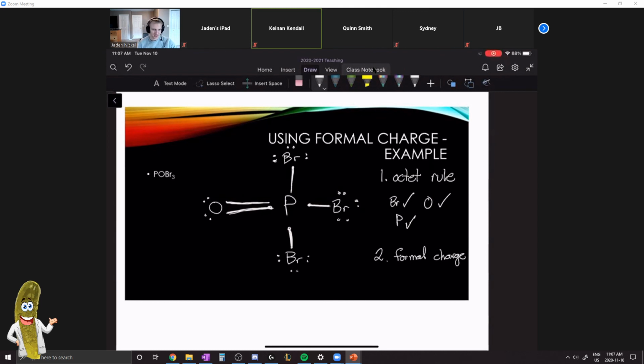We have said constantly that this bond is worth 2 electrons. There is the potential that this bond leaves and instead just becomes a lone pair of electrons. And so what that would look like is, instead of a double bond between phosphorus and oxygen, it would be a single bond with now more lone pairs.